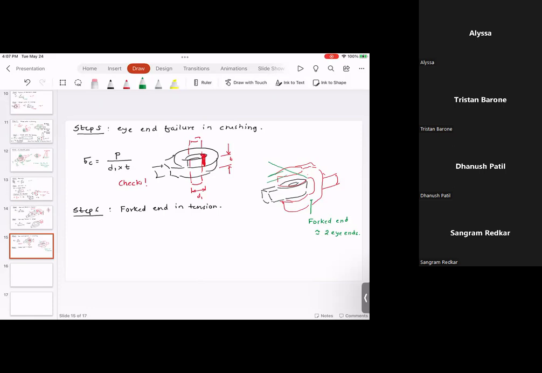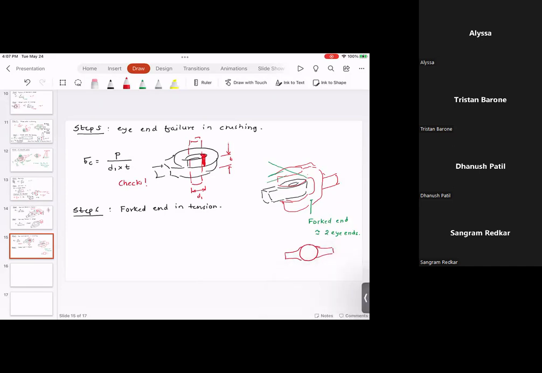Implication is nothing is going to happen to the diameters, because if you look at the knuckle joint from top, you're going to have the forked end. What you would see is something like this.